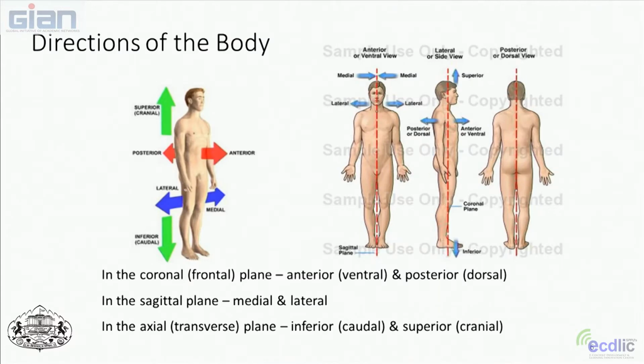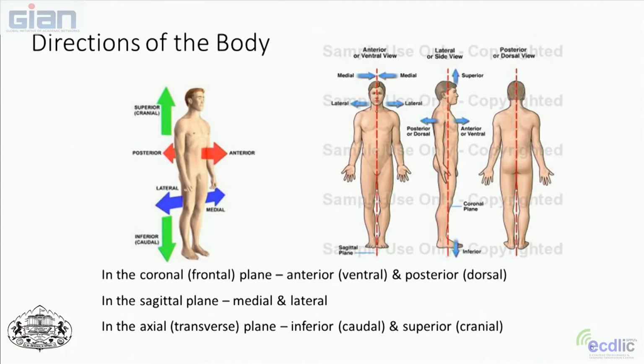Okay, so in directions of the body, we also talk about the brain a lot in terms of medial, ventral, dorsal, anterior, posterior. So I thought we would go through these as well. So in the coronal plane, which is the frontal cutting the face off, you have anterior or ventral, which is the forward direction, and posterior or dorsal, which is the back direction.